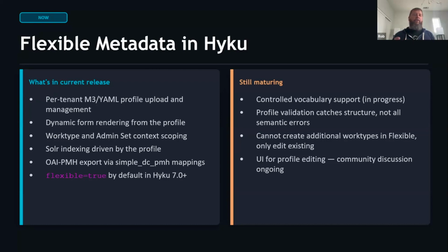Probably the biggest piece of this now is figuring out which things should be warnings and which things should be errors when you take a metadata field out that's required for a feature. Like, you can't sort by creation date if you remove creation date from your profile. But you should be able to do that, and we should warn you that sorting by creation date isn't going to work if you do that.